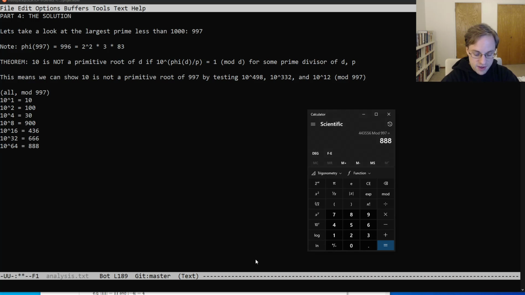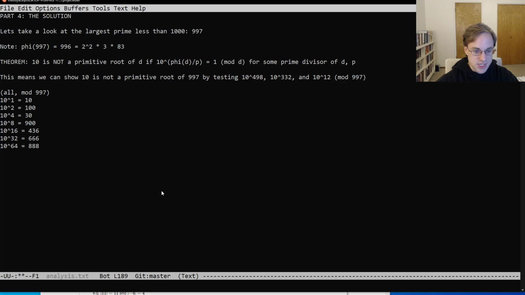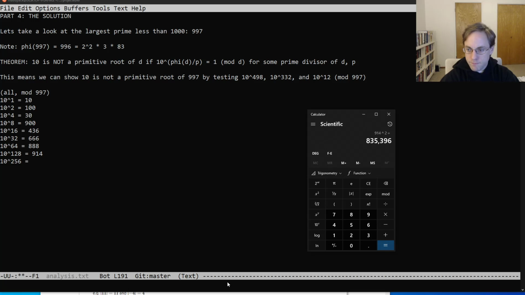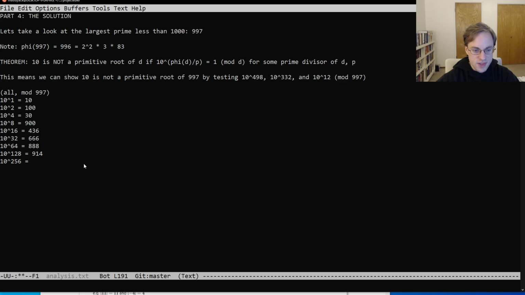Okay, so let's square that. Mod 997 gives us 914. What was that again? 914. And finally, 10 to the 256 is 907.